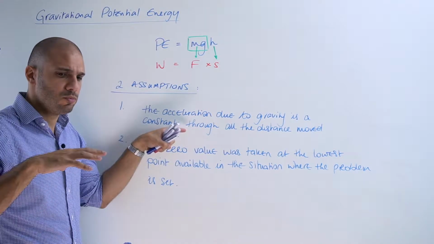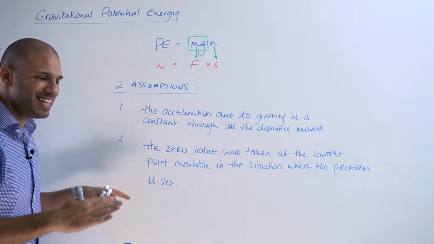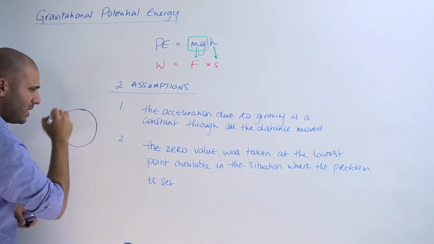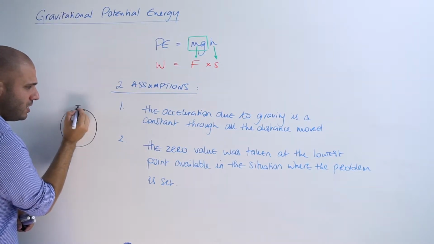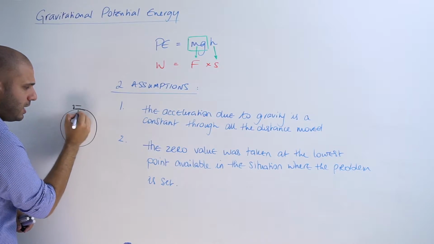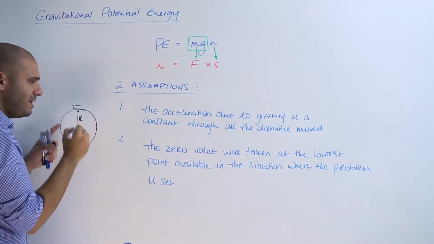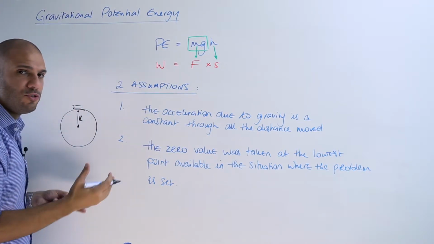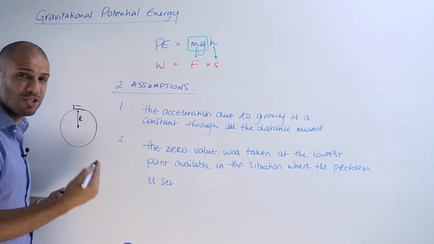And this was true just because all the problems that were being set at that level were set at distances that are relatively much smaller than the radius of Earth. So what that meant was that the value of g, the gravitational field strength, wasn't changing much.